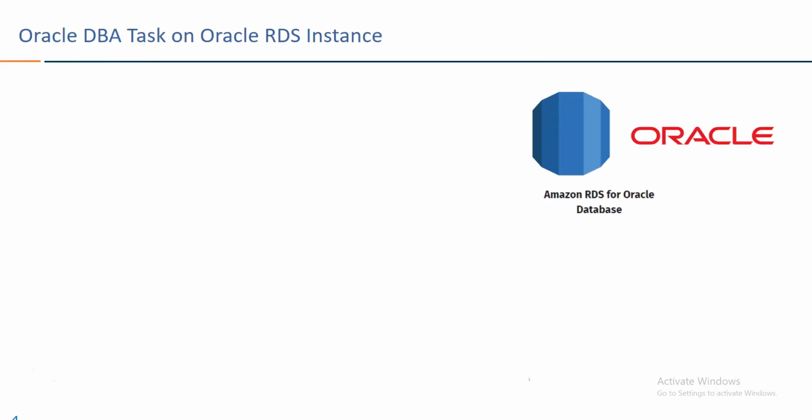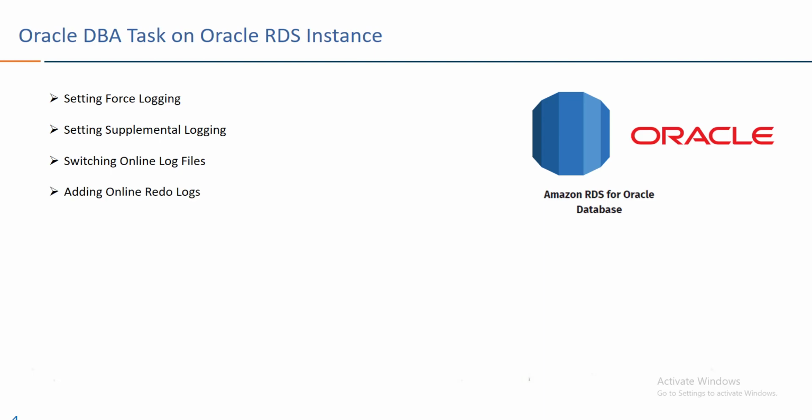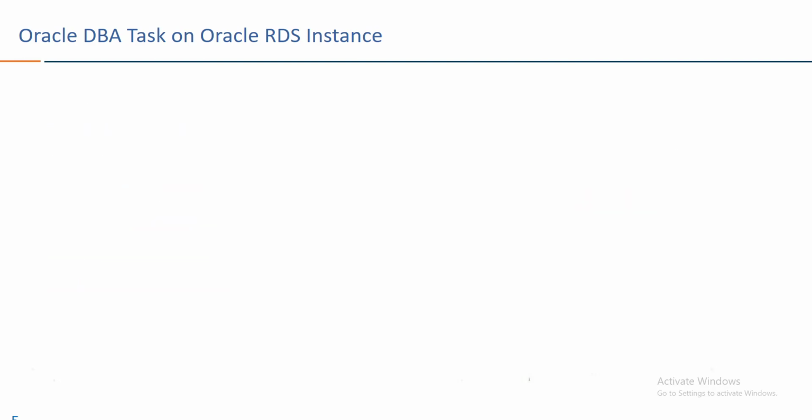So suppose we have Amazon RDS and we are launching Oracle. After that, someone says to set force logging, or set supplemental logging, or switch the online log file, or add, drop or resize online redo log files, retain archived redo logs, access transaction logs.